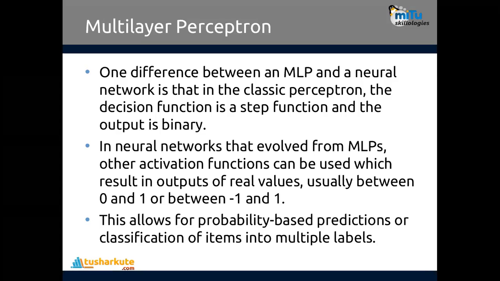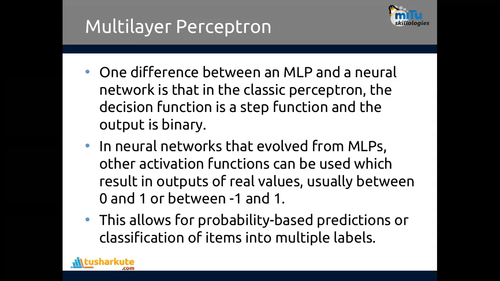But in this case, MLP and neural network are differentiated by this decision function. The activation function is a step function, and the output is binary in the case of MLP. In a neural network that evolved from MLPs, other activation functions can be used which result in output of real values.